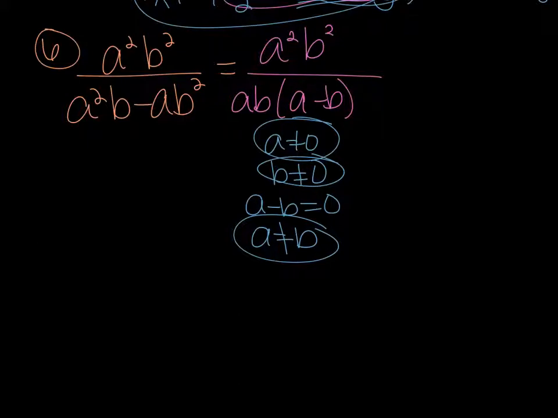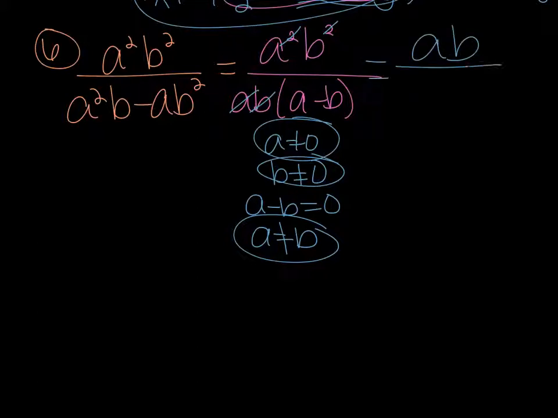Okay, now, looking to cancel things out. Remember, whenever you cancel things out, it has to match exactly. What do the numerator and denominator have in common? An A and a B, right? I can divide out an A, and I can divide out a B. Why can I not divide out the other A and the B with the A minus B?